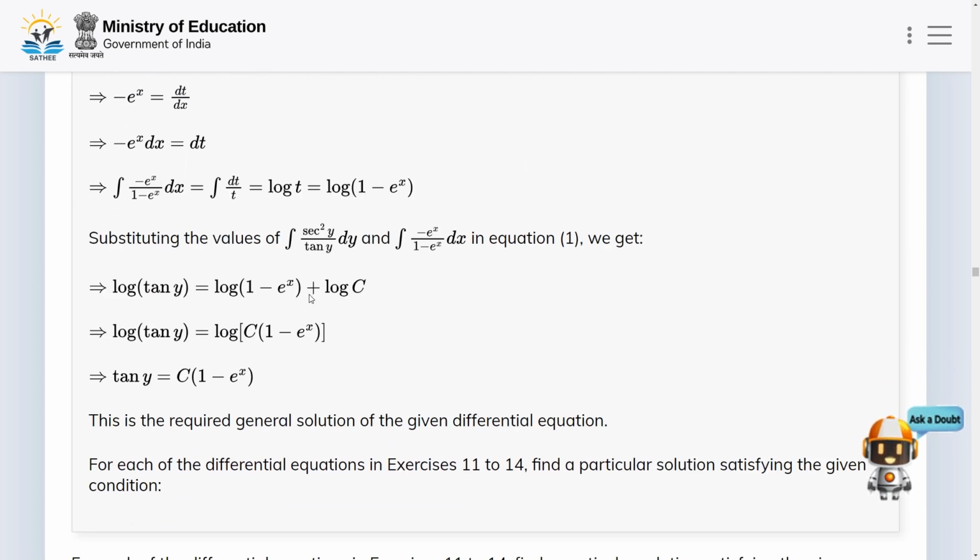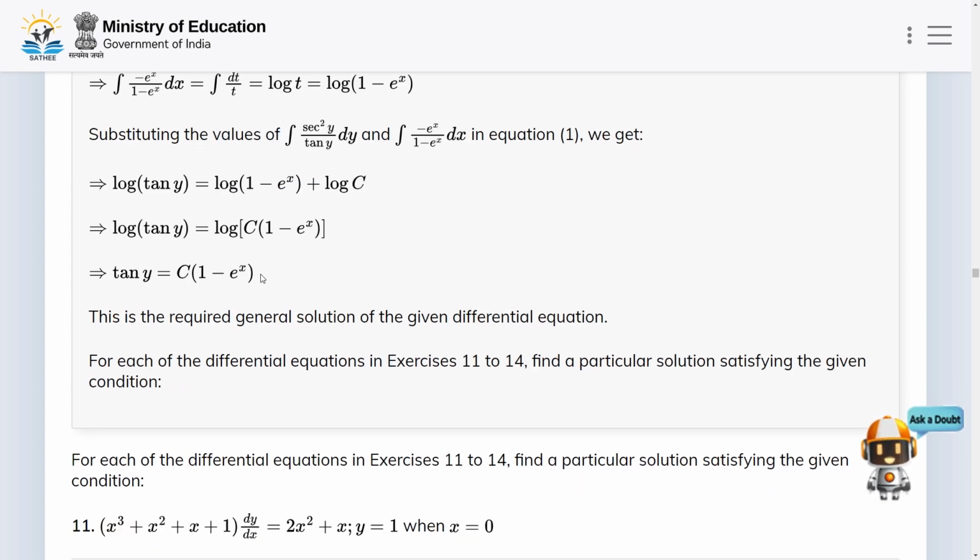You will have log tan y is equal to log of 1 minus e power x, and always add some constant, plus log c. So log tan y is equal to log c multiplied by 1 minus e power x. So this means tan y will be c multiplied by 1 minus e power x. This will be your required general solution.